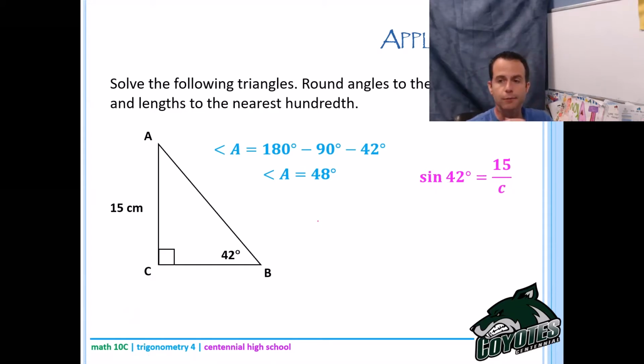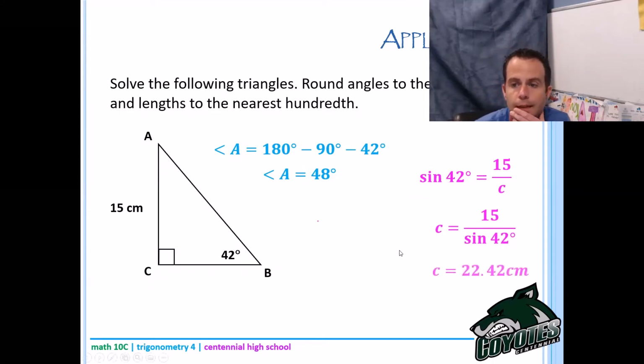So I say sine of 42 equals 15 over C. I will multiply both sides by C to get rid of the division by C, and then divide both sides by the sine of 42. So C ends up being 15 divided by the sine of 42. That is 22.42 when rounded to the nearest hundredth.